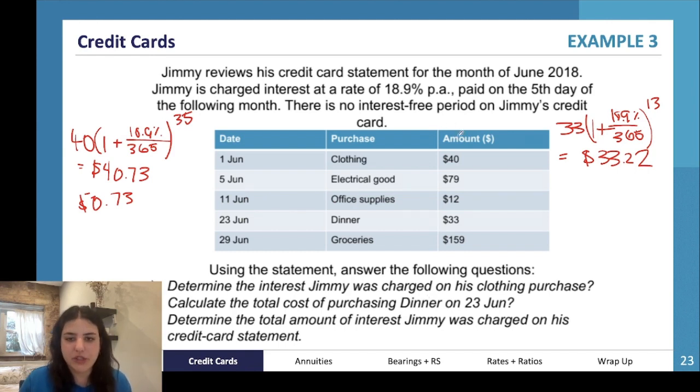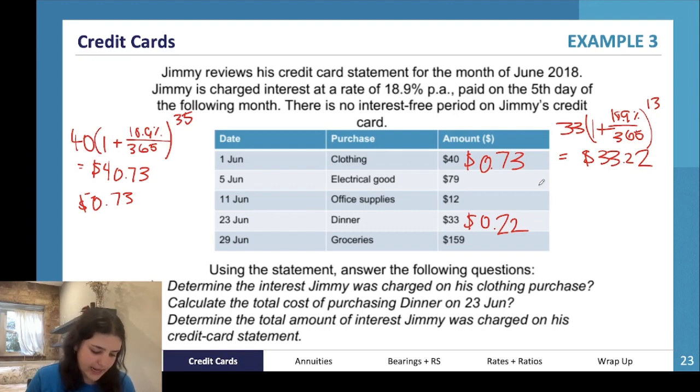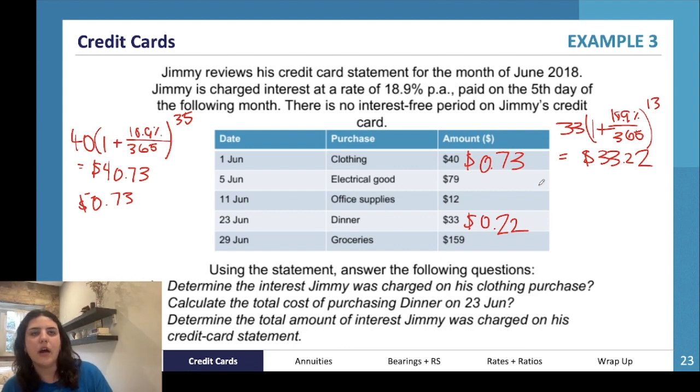The total amount of interest Jimmy was charged on his credit card statement. So we now need to work out the interest for all of these payments. We know that this one was 73 cents. This one was 22 cents. So now we need to do the other 3. The electrical good is $79, and then our brackets with our 18.9%: 79, 1 plus 18.9% over 365, and then the amount of days, from the 5th of June to the 5th of July, so that's 31 days.